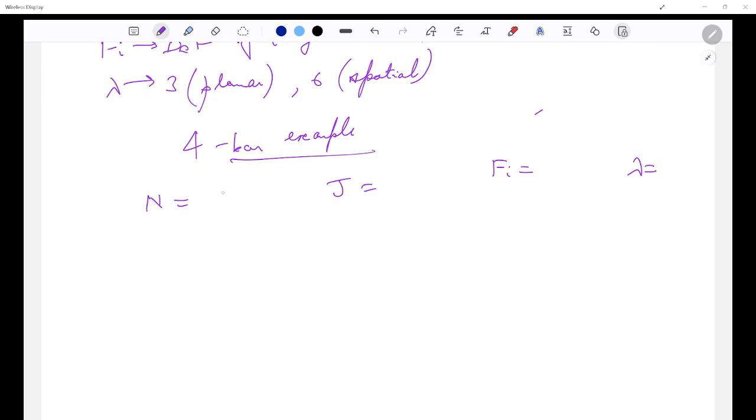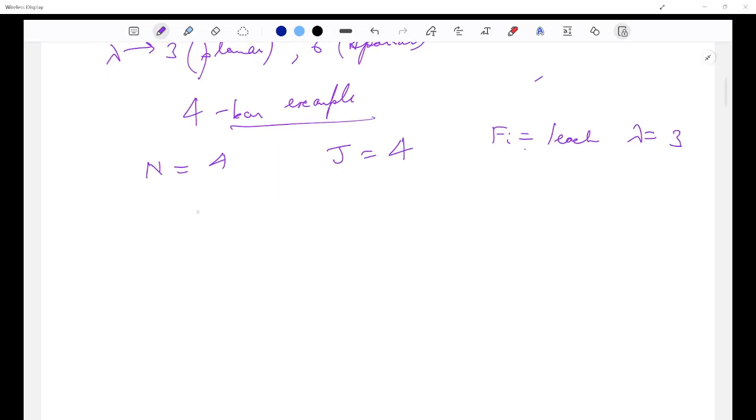So here n is 4 because we have 4 links. Number of joints are 4, because we have 4 joints, 1, 2, 3, and 4. All of the joints are revolute joints, so 1 each, and the summation would be 4. And lambda is 3 because it is a planar robot and not spatial.